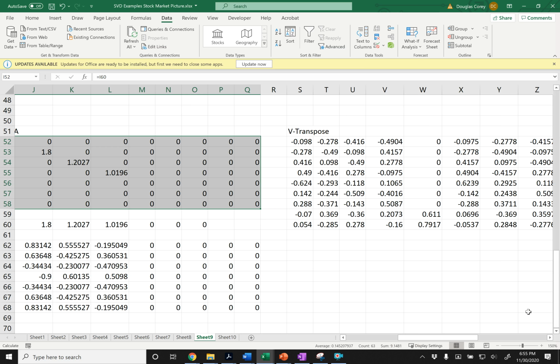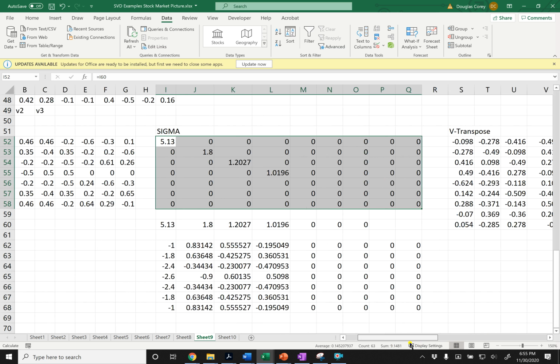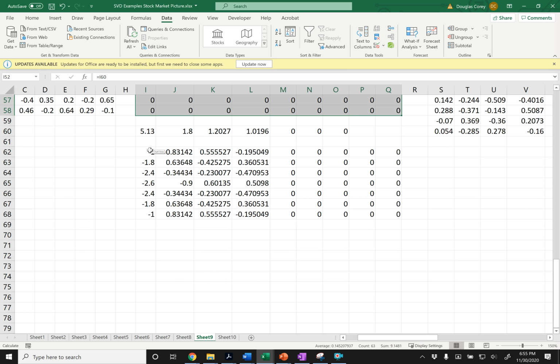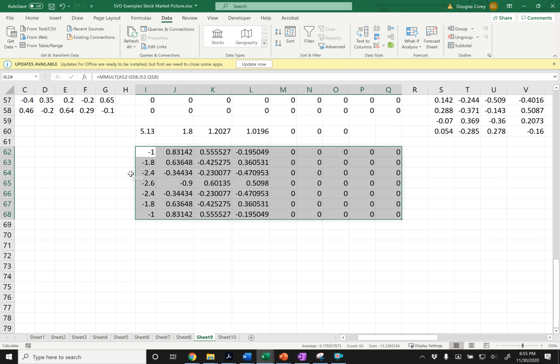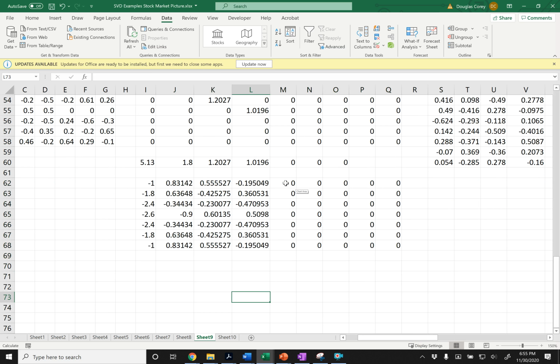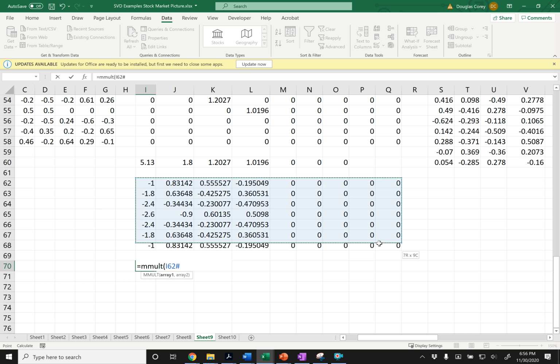So now let's do one more product where I'm going to take this matrix, which is my u times my sigma, and multiply it by v transpose. And notice we have a lot of zeros here, so all the important information's over here. So it equals the matrix multiplication of this.